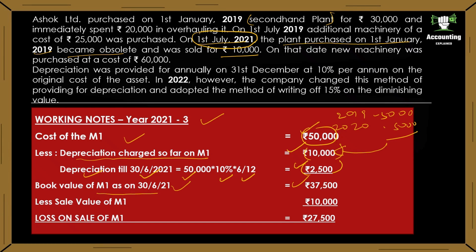Now, the sale value of that machinery is 10,000. Obviously, book value is more than the sale value, so we have incurred a loss on the sale of machinery M1 of rupees 27,500, which will be taken to the credit side of the plant and machinery account.